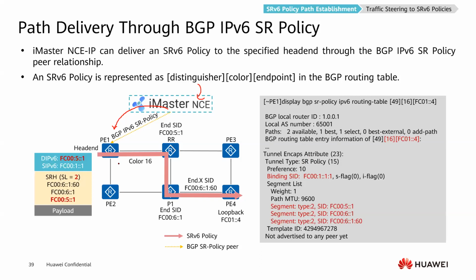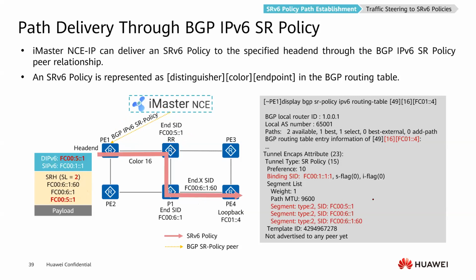For example, if my path is P1, RR, PE, P4, a forwarding path like this, the NCE will send the segment list to P1. So this 5.1 is the first, then 6.1, then the out interface here. It will create this traffic path, this segment list.